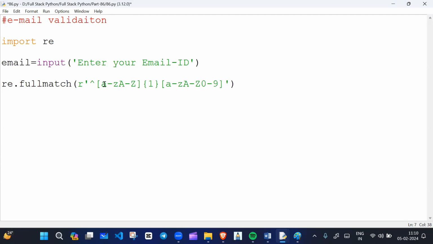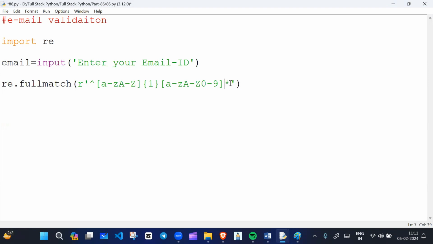After that, again a to z, then capital A to Z, then 0 to 9. The first letter could be small a or capital A, but exactly one. After the first letter, the second letter could be lowercase, uppercase or a digit, and we are writing an asterisk here.